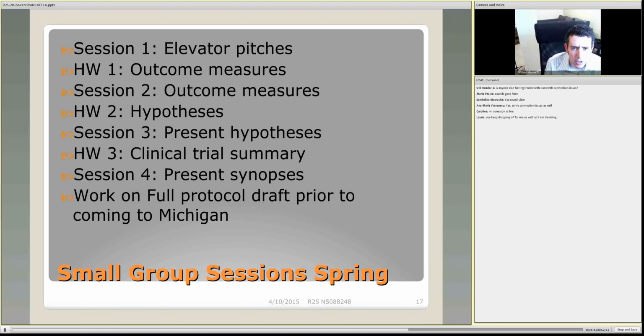So here's just a basic overview, and I'm not going to go into a ton of detail on this, about what you're going to accomplish in what we hope are about 4 small group sessions over the course of the spring. The first thing we want you to do is what we would call an elevator pitch, and this would not require any preparation of slides or basically any written document.